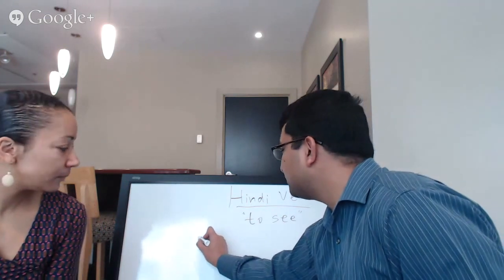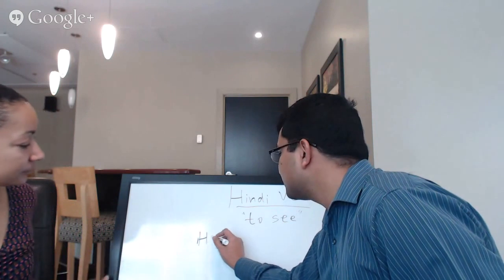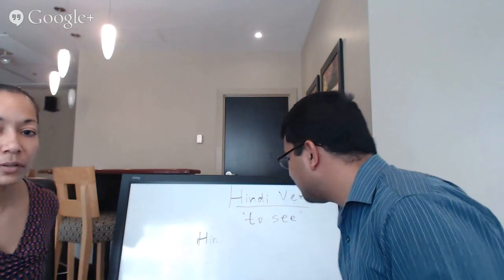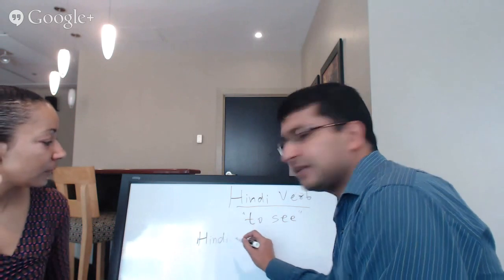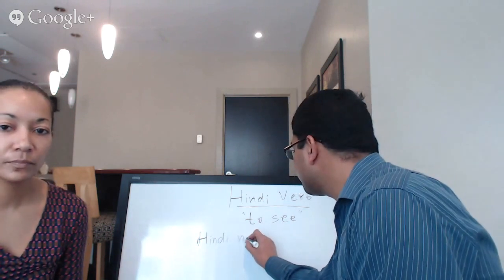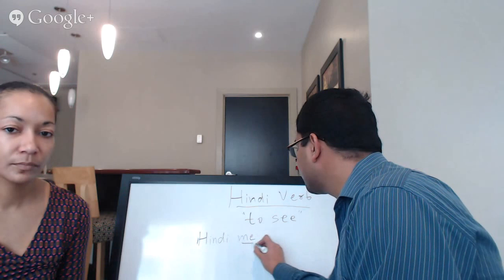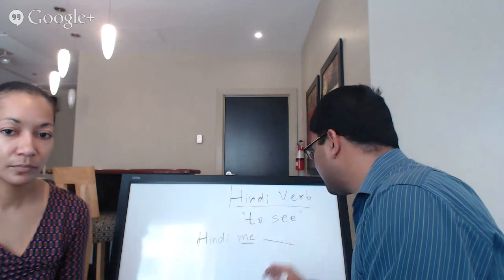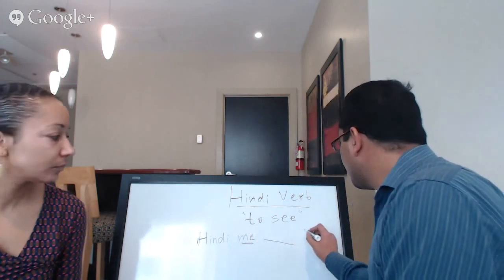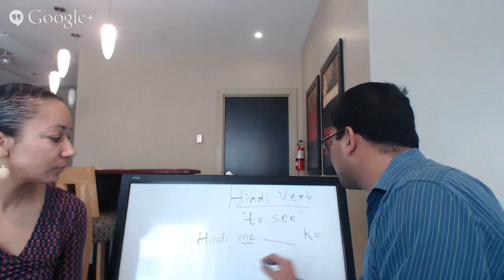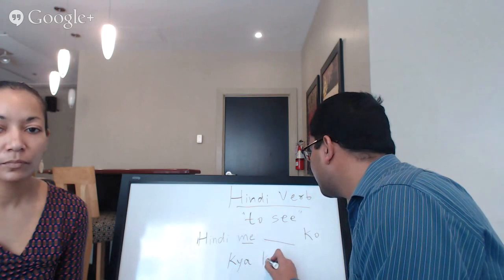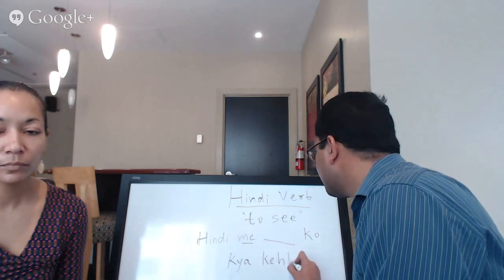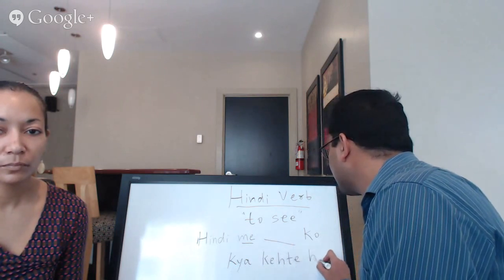Okay, so I'll write it down because in the last two classes you mentioned it will help to see that in Hindi. Hindi में, and then you put whatever verb you want to know, को क्या कहते हैं?